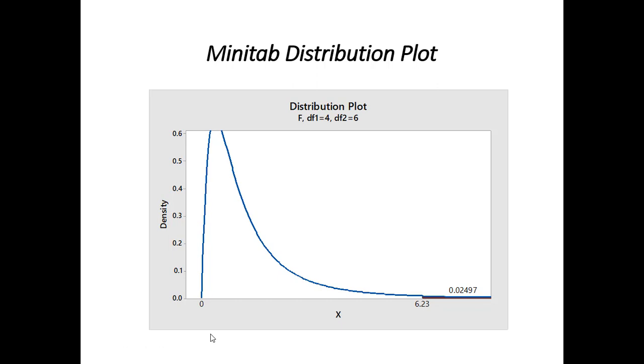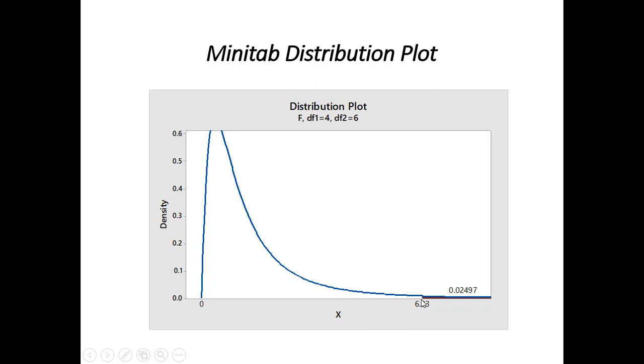If we wanted to try to visualize this, you could see here that, again, using a Minitab distribution plot with degrees of freedom 4 and degrees of freedom 6, the graph we get from the F distribution, you could see highly skewed, where my value is 6.23 here.